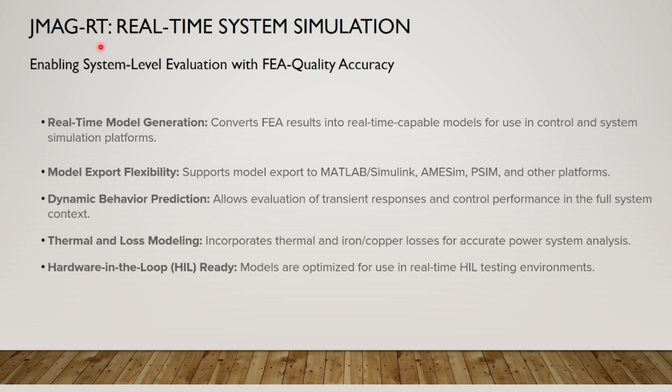So it is an interlinking software, and dynamic behavior prediction is also possible in Jmag RT. Thermal and loss modeling are also possible in Jmag RT. Another main thing is hardware in loop. HIL is the main thing currently. If you are doing any design, mainly we will move on with a hardware in loop ready model, and we will see the real-time behavior of your motor.